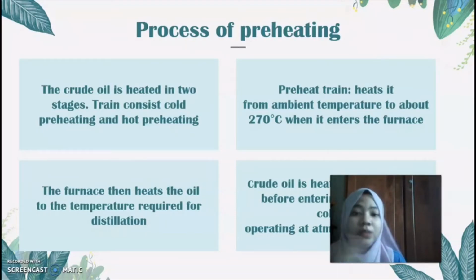After the preheat train, it enters the furnace at a temperature of about 270, and the function of the furnace is to heat the oil to the temperature required for the distillation column, and the crude oil will be operating at atmospheric pressure.